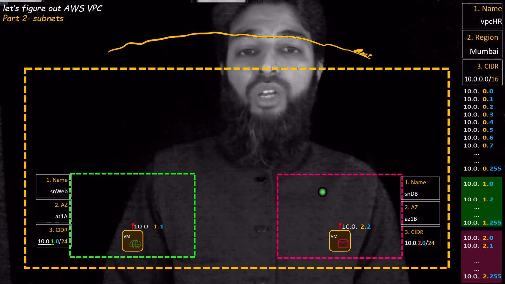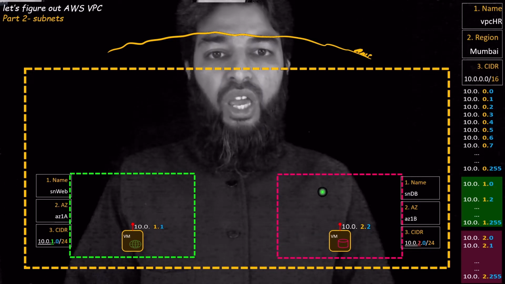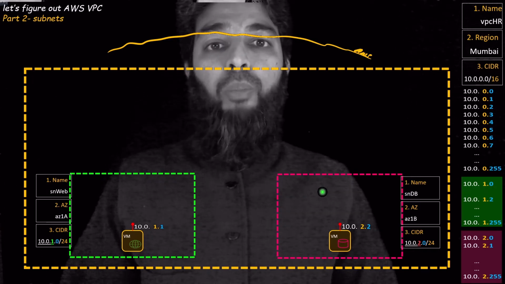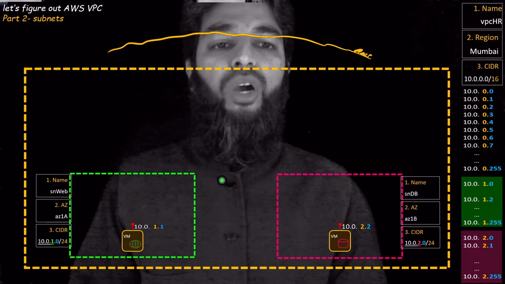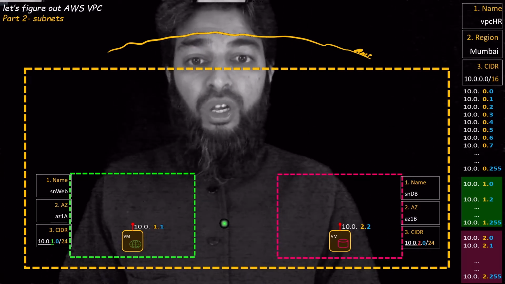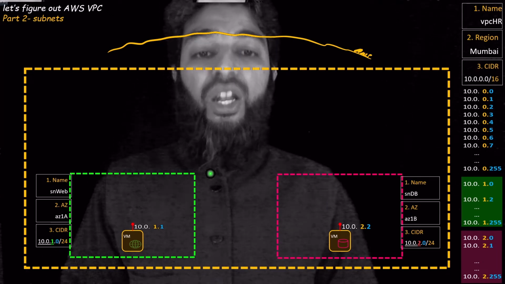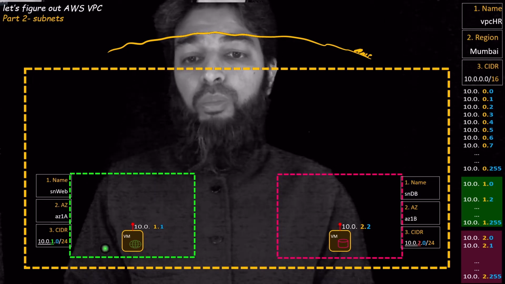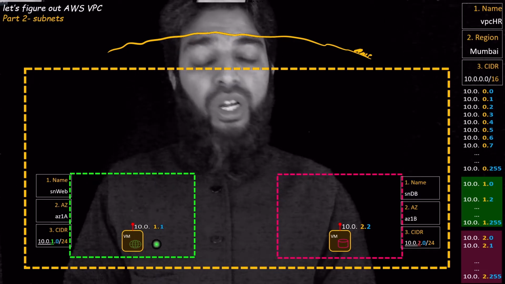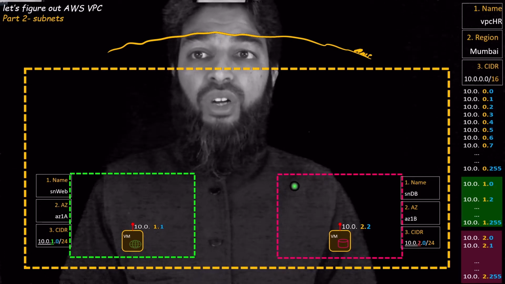So basically we separate our work area and apply different rules to different departments. Something similar is what we do with subnets within a VPC. We split our VPC into different subnets so that we can apply different rules to each subnet and put in appropriate resources.